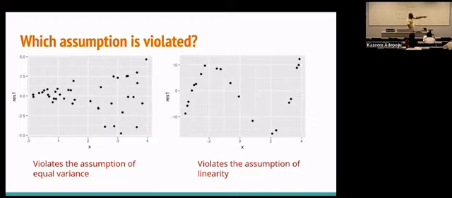This one here is a violation of equal variance. Take a look at it too. If you look at that one, it is a violation of linearity, because it has a pattern. A residual plot should not have a pattern. If the residual plot has a pattern, that violates linearity. So take a look at that.